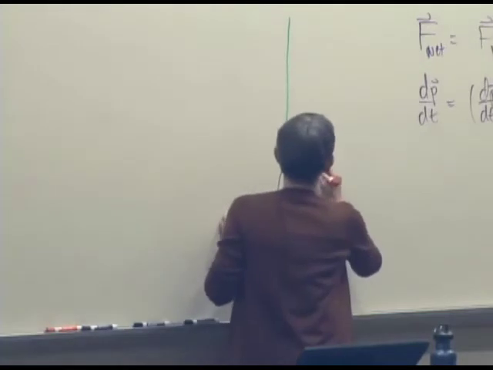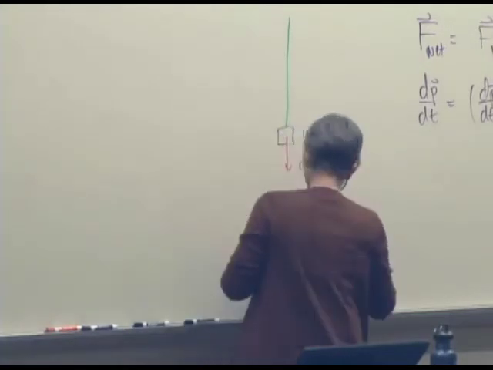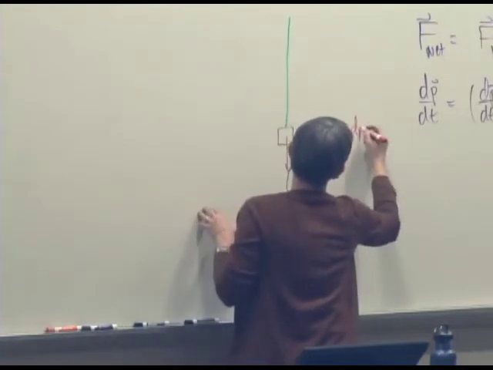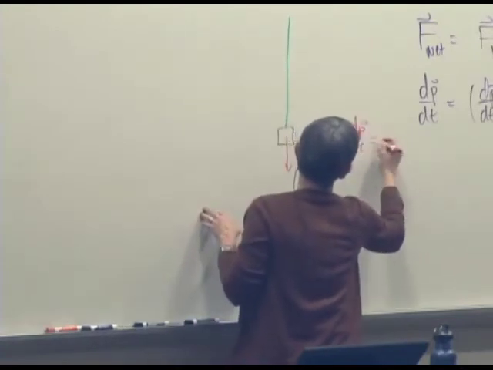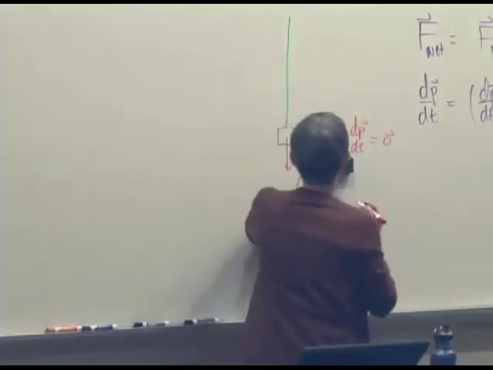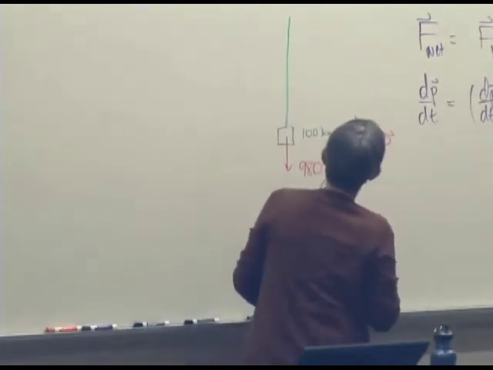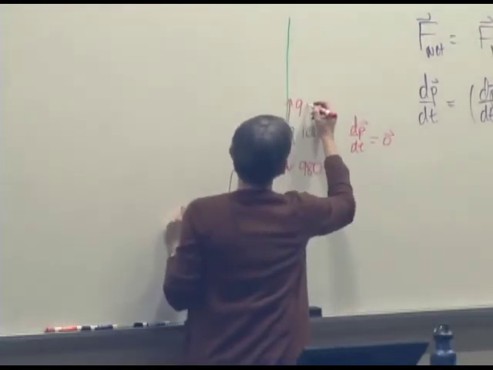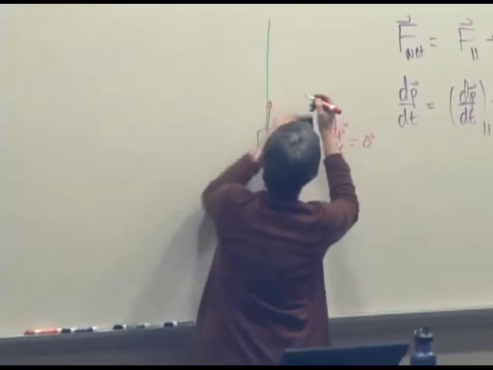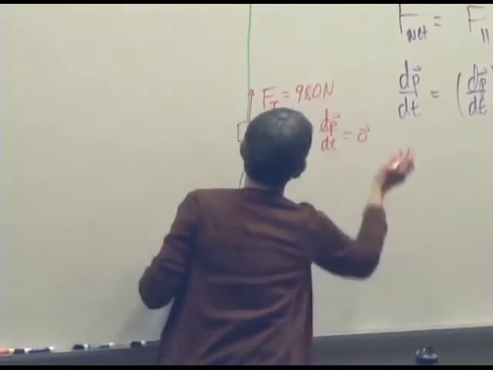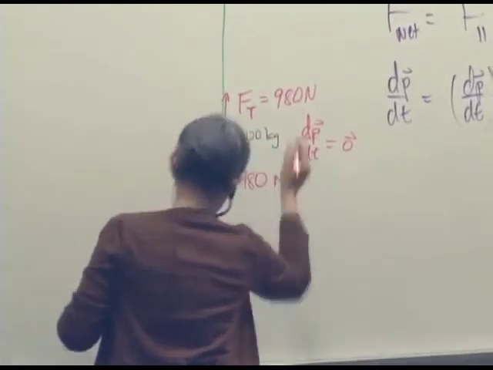So 980 newtons, which means the force exerted by the vine, if his momentum isn't changing, he's just hanging here, 980, not 9, has got to be, we'll call it F sub t, 980 newtons. And here I'm writing magnitudes.